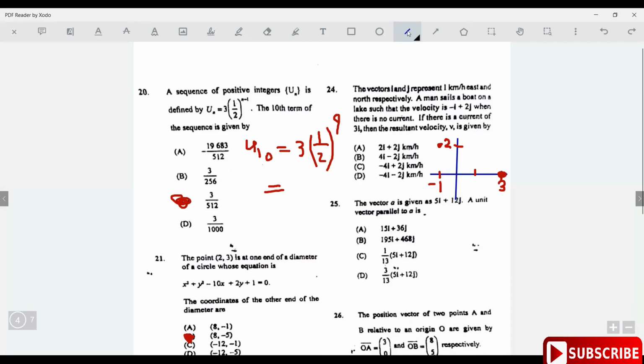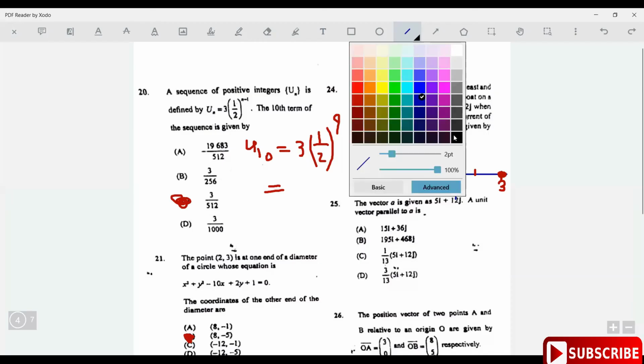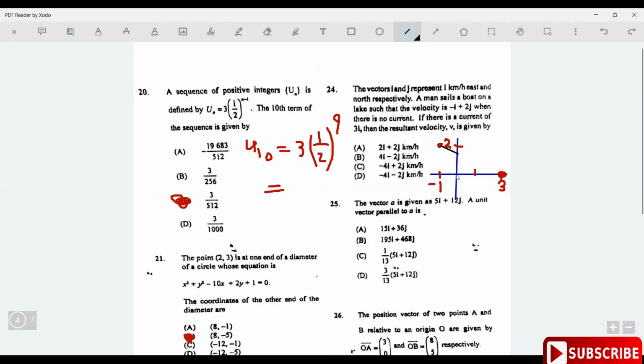To draw a line now, from the origin right here, then we have this. All right, and so this would be the resultant velocity.